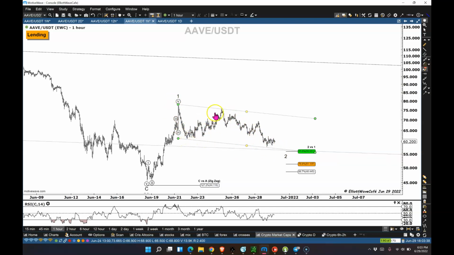When I talk about a B wave, I'm always looking to see what it can be. Maybe it's a complex correction, maybe a triangle, a zigzag, some kind of a double zigzag. So there are a few ways to think about how this B wave is. But I think it's pretty clear that it starts here, and I think it terminates up there.